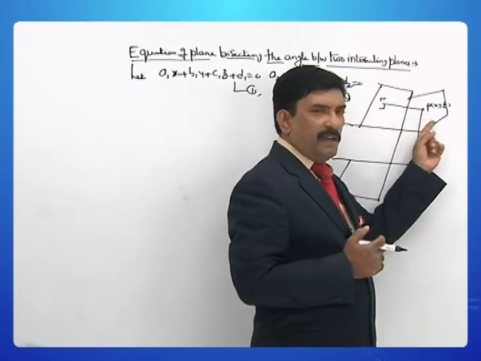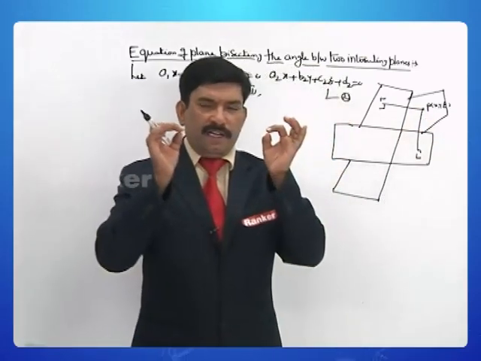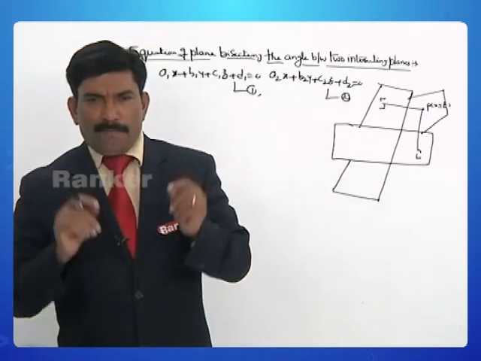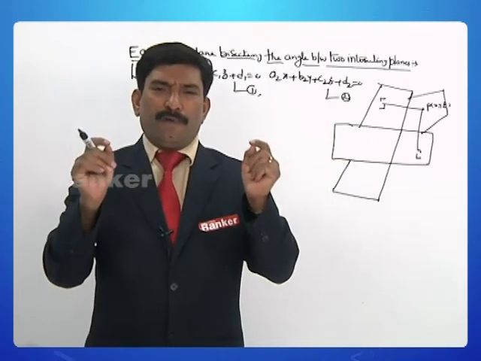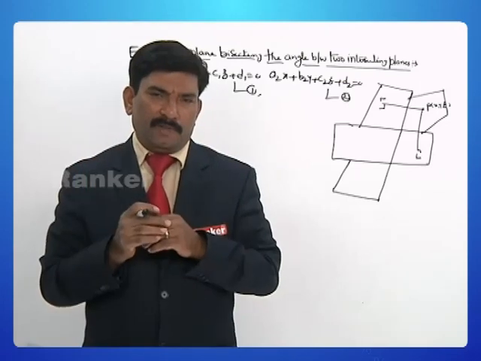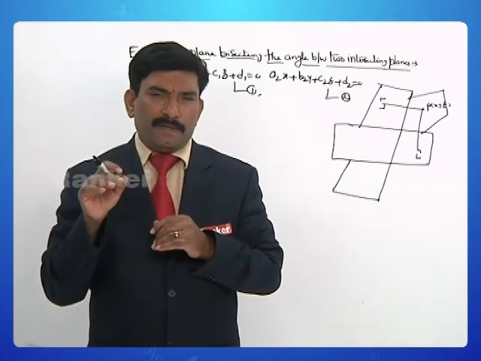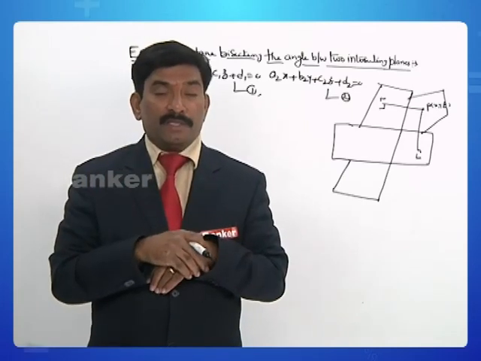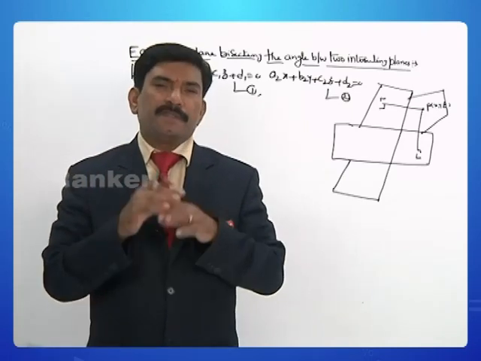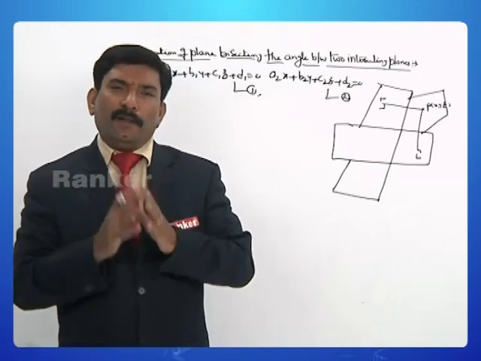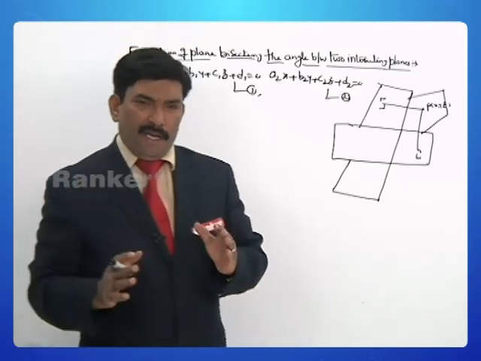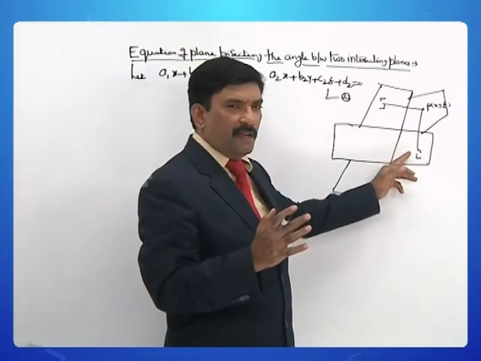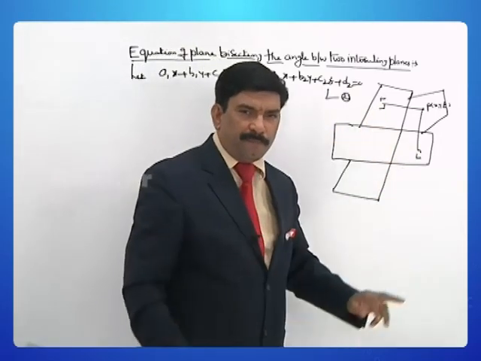In that plane, you consider a point P of x comma y comma z. That point lies in the plane which is bisecting the two intersecting planes. That point P is equidistant from this plane and this plane.